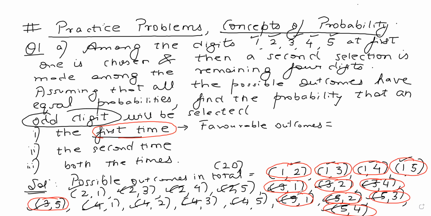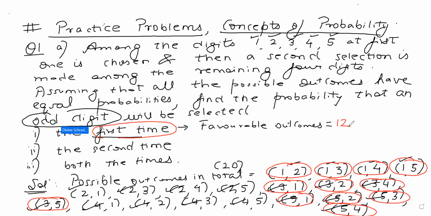That means if I look at the first case, where we want the first digit to be odd, there are 12 possible outcomes. So favorable outcomes is 12, because out of all the digits given, there are 3 odd digits, 1, 3, and 5.